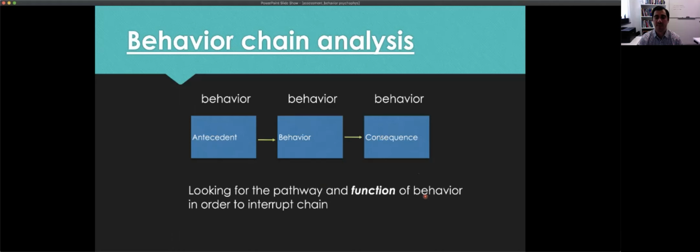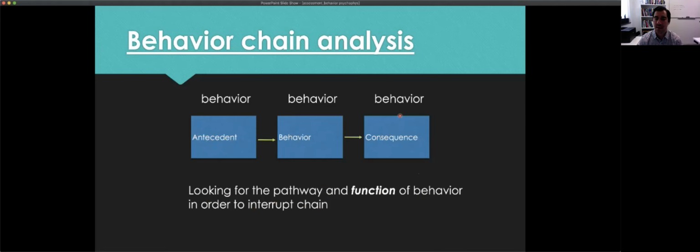So we're understanding the pathway and the function of behavior in order to interrupt the chain. Maybe here we're thinking about the antecedent as being relevant. So maybe helping that person to cope better when they're getting into an argument with a coworker, or when their boss is saying they're not doing a good job. How do they cope instead of going outside to vape during their break?